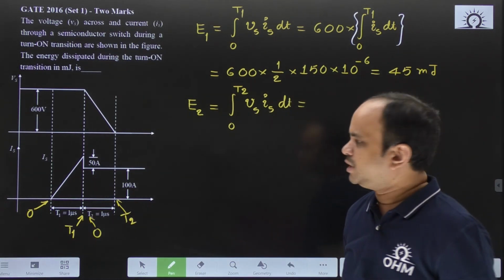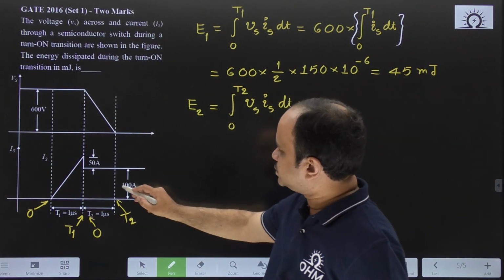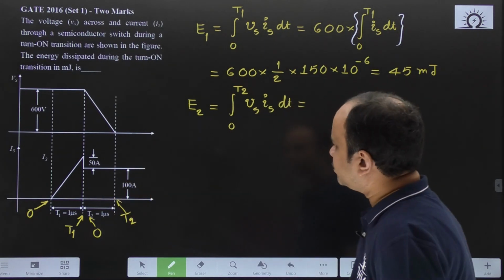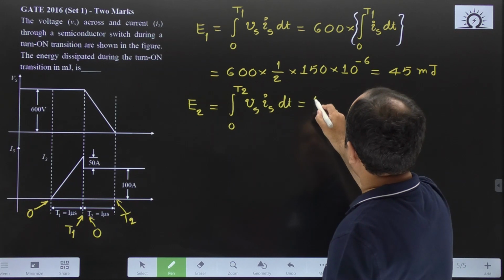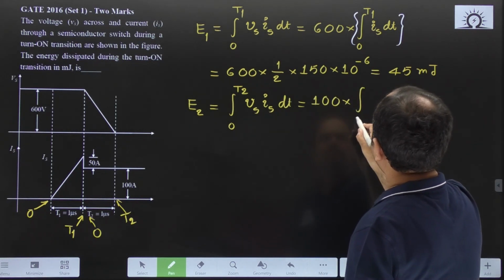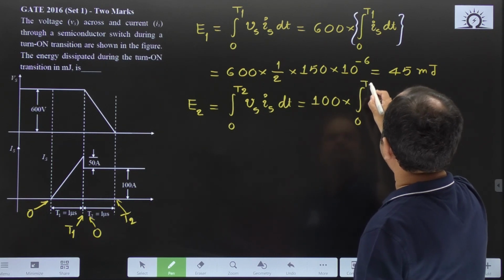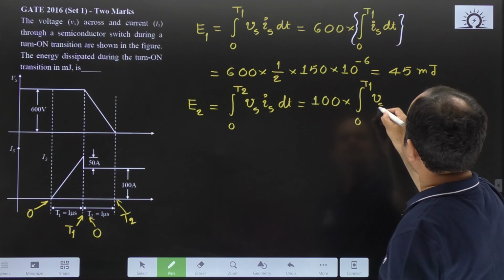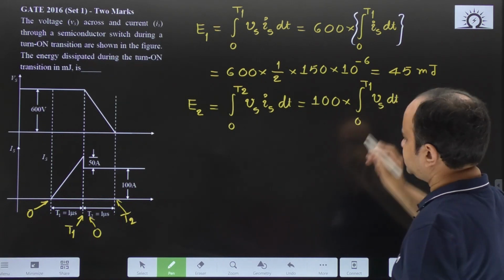In this interval we can closely observe that the current value is a constant. Therefore, if I take this current value outside, that is 100 multiplied with integration from 0 to T1 of voltage, that is Vs dt, right.